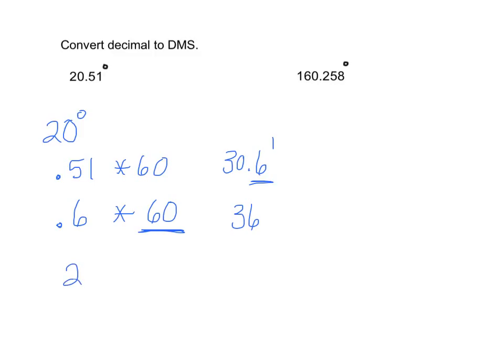So I get 20 degrees, 30 minutes, and 36 seconds. Now, is that not the same number that we did on the previous screen? 20.511111. What I did is truncate, or cut off, the repeating decimals, and therefore this number is slightly off from the number before. That's why truncating is going to get you less accuracy.